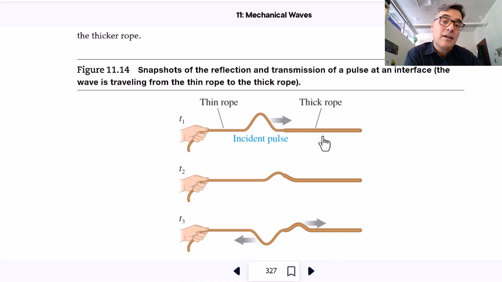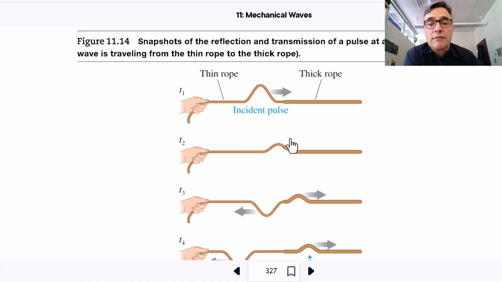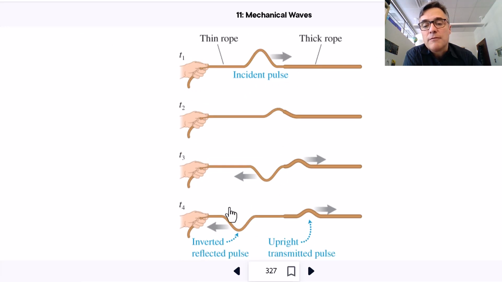It's become a thicker, slower medium. When that happens, and you say that this is a higher impedance medium, it's a little bit like bouncing off a fixed wall. You have a reflected pulse which is inverted relative to the original pulse.